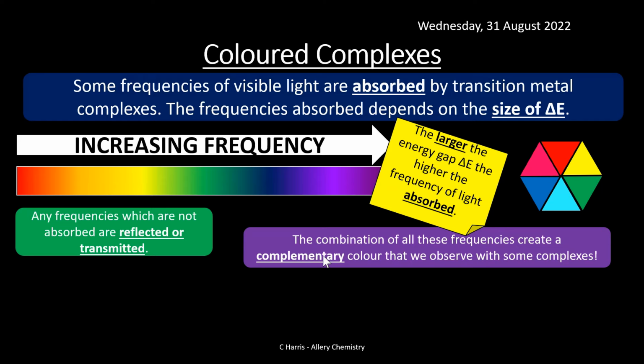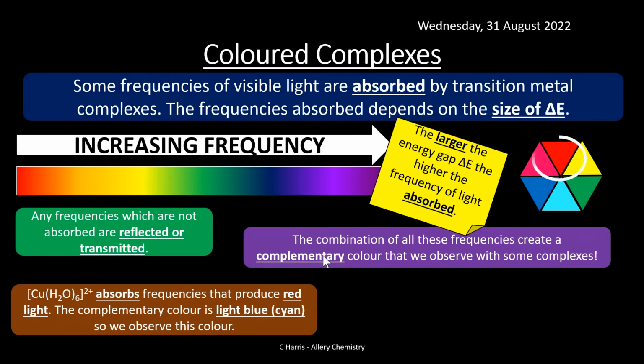So when you see these reactions, you hold up the test tube, you get all these lovely different colors. We're seeing a mixture of the colors that have not been absorbed by the solution. So, for example, the hexa-aqua copper complex, try to say that one quickly, absorbs frequencies that produce red light.